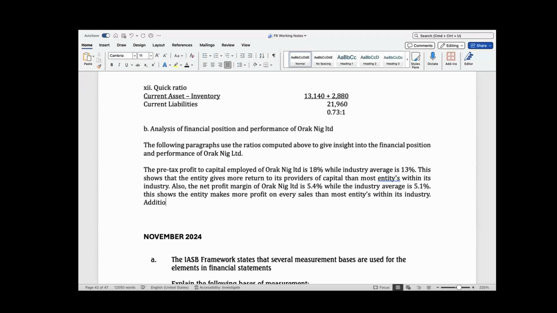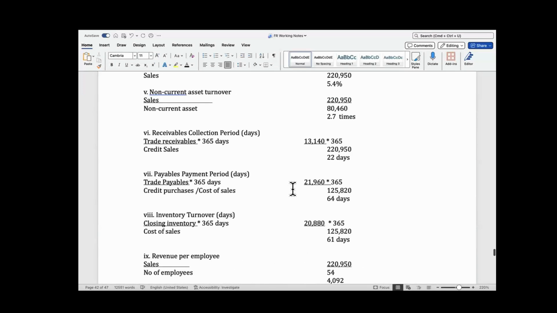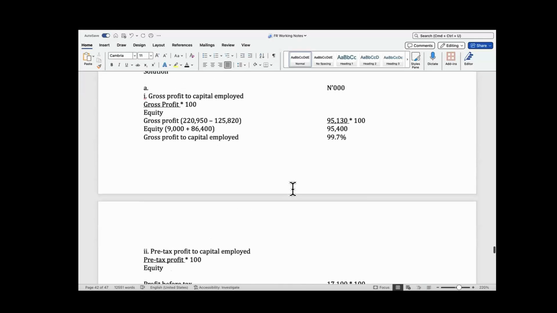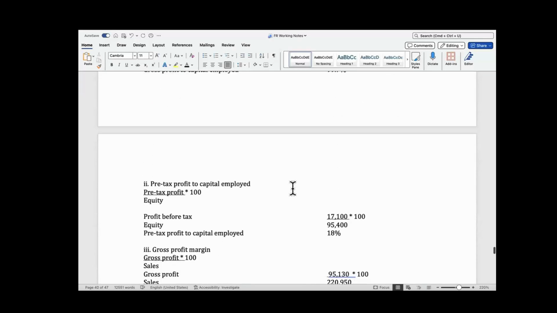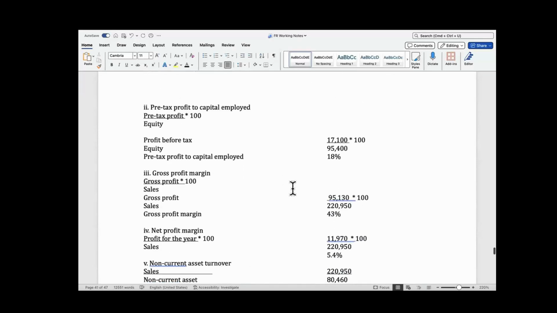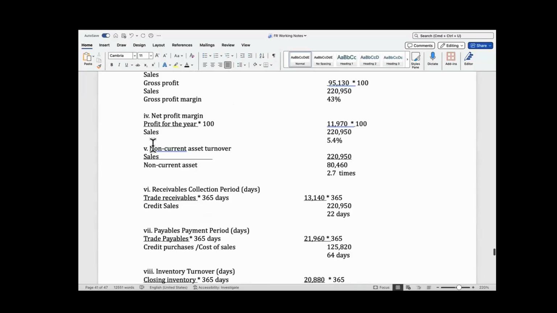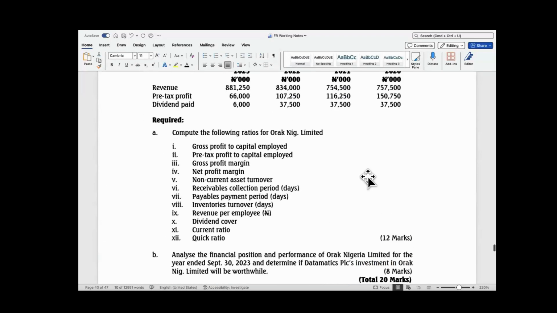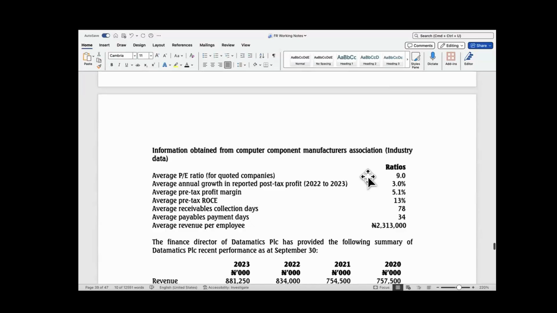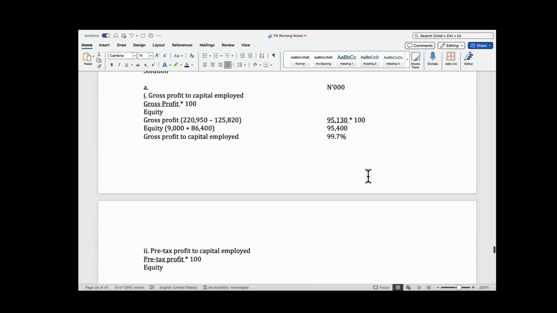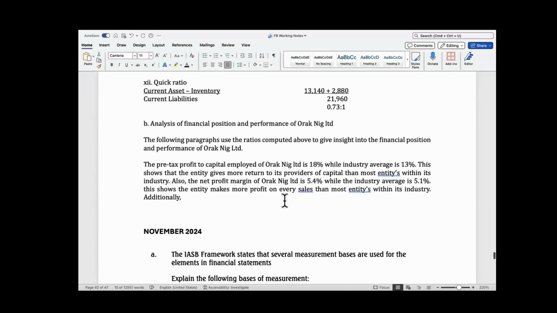So additionally, its asset turnover. Let me see if they give us that of the industry. No, we're not given.